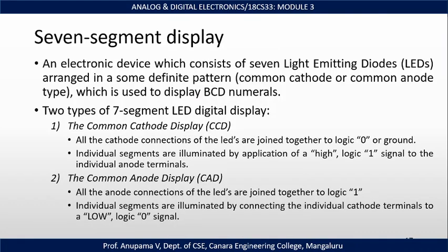The next type of decoder we have to study is the 7 segment decoder. Before that, we'll study what a 7 segment display is. A 7 segment display is an electronic device which consists of 7 light emitting diodes, or LEDs, arranged in a definite pattern, which is used to display BCD numbers.